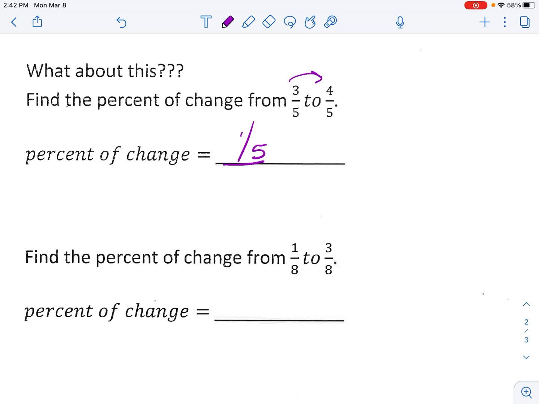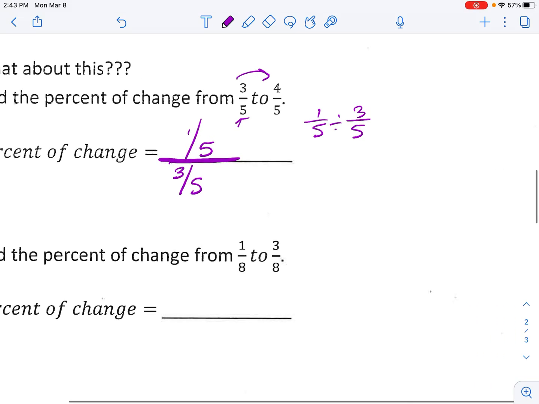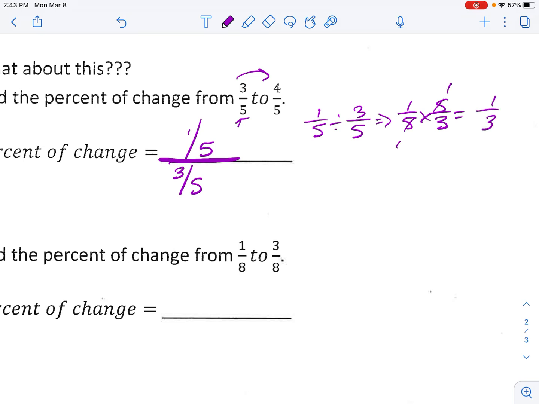Over the original, obviously, was 3/5. Think of this as a big old fraction bar. 1/5 divided by 3/5. We don't divide fractions. We keep it, switch it, flip it. So we have 1/3 is the amount of change.